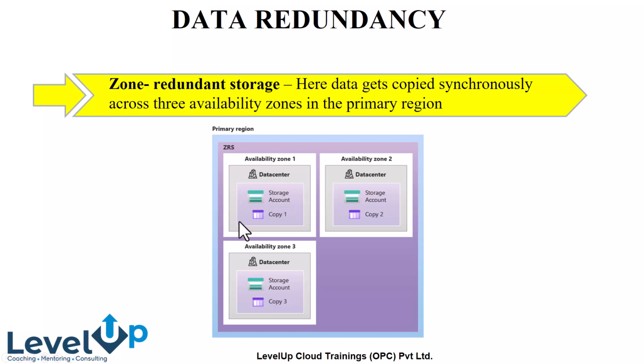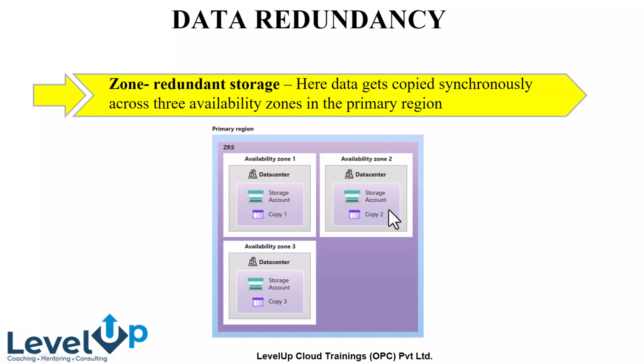Now, three copies are stored, but each copy in one data center. So even if one data center in an availability zone fails, I still have the copy. So here data is copied synchronously across three availability zones in one region.